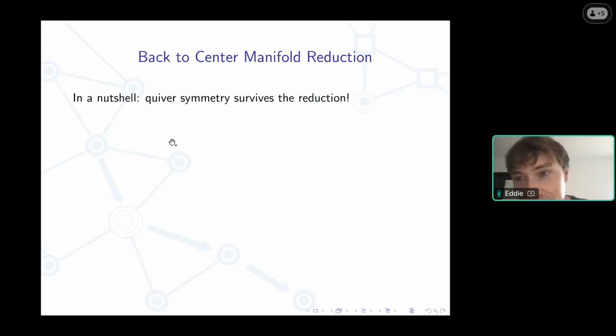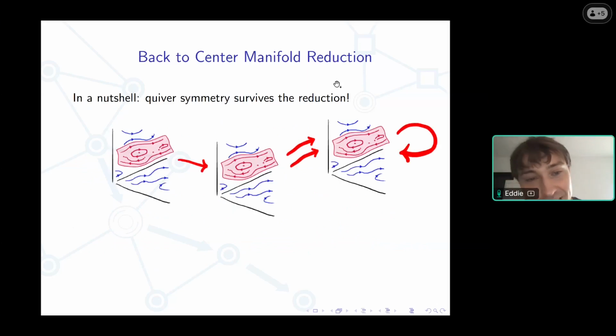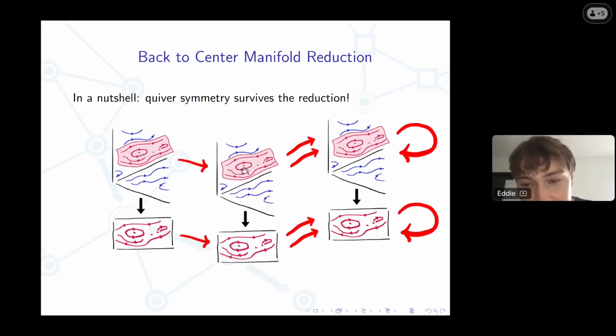So here's the big picture that I should have given. This is what the theorem says. You have a quiver symmetric system, so you have a bunch of ODEs, a bunch of linear maps that send solutions to solutions. You identify center manifolds. Then you just restrict your attention to the center manifolds, and they together form a new quiver symmetric system on this sub-representation that was all of the center subspaces.